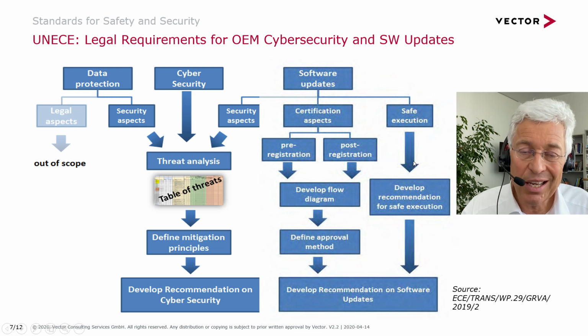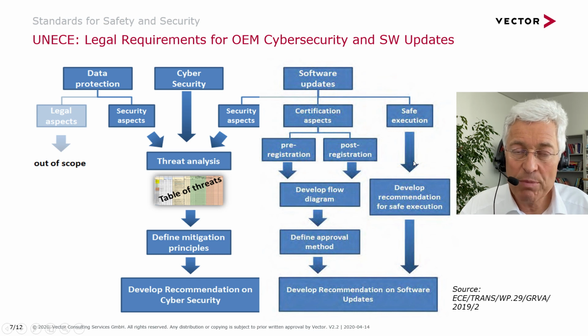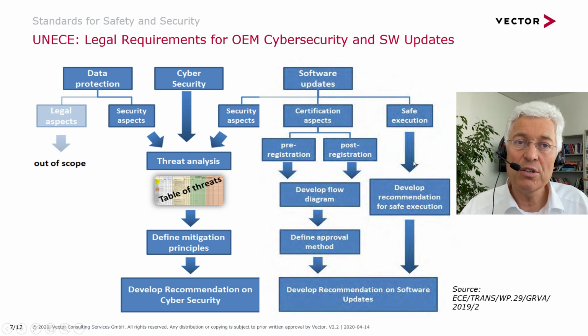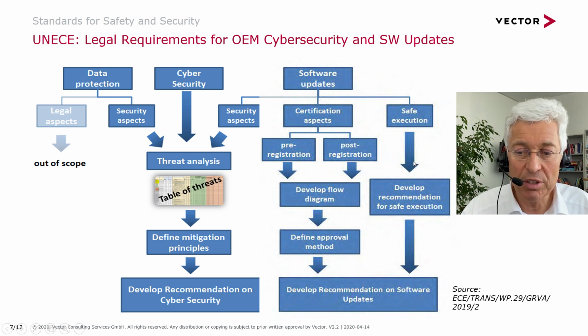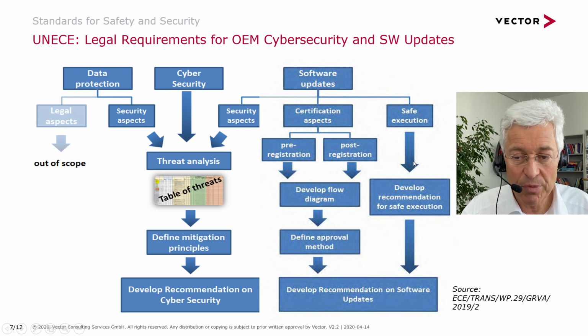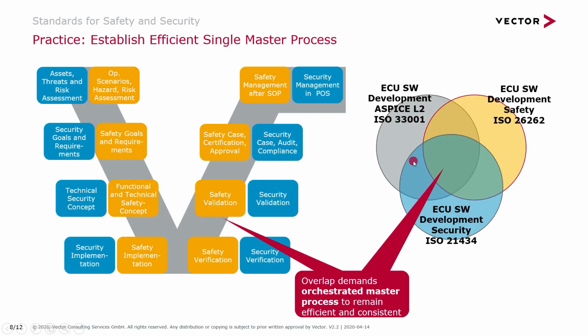That also explains why UNECE demands a certification process behind it, because not only could manipulation happen by outside attackers, but there can also be software glitches which can manifest into a severe safety risk. For that reason, the way a software update is developed and distributed has to be governed carefully. That's exactly the content of this recent UNECE regulation of Working Group 29.